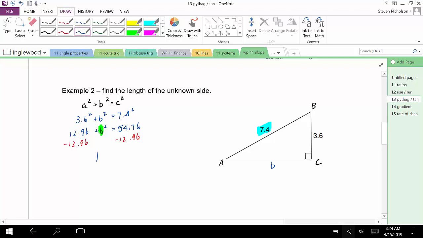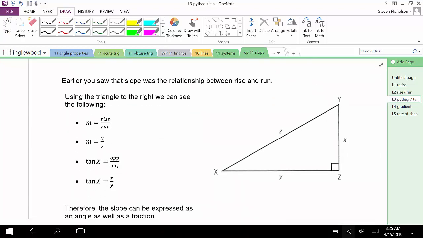And when we do that, we end up with the letter by itself, and we want b not b squared, so we get rid of the square with the square root. When we take the square root of both sides, we get 6.5, which is less than 7.4, so my answer makes sense. So that's all we need to know about Pythagorean theorem to help us in this unit.